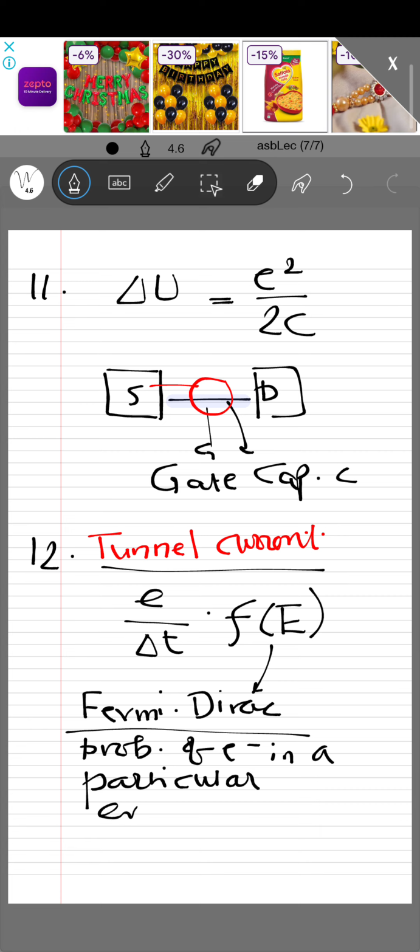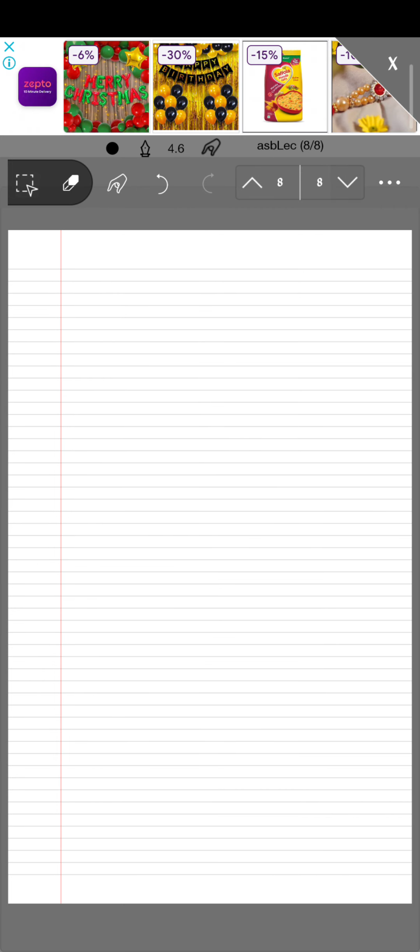The energy state is E, and the Fermi function is Fe. The Fermi-Dirac is again represented in the following way.